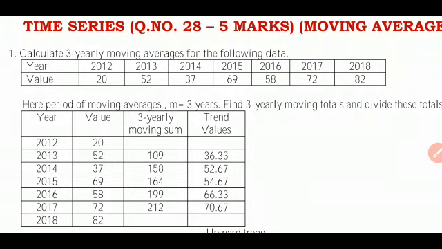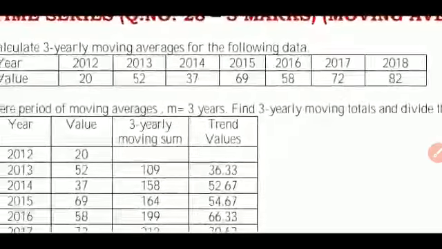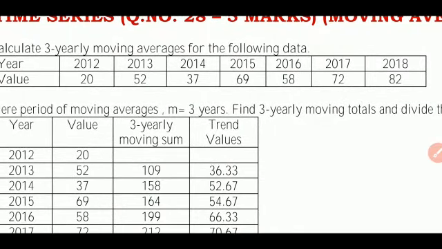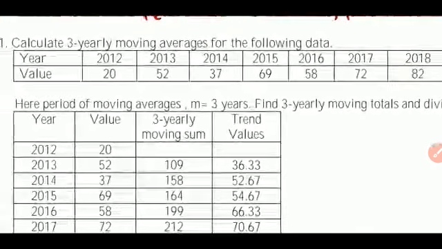Calculate 3 yearly moving averages for the following data. The years begin from 2012, 13, 14, 15, 16, 17 and 18. The values are 20, 52, 37, 69, 58, 72 and 82.